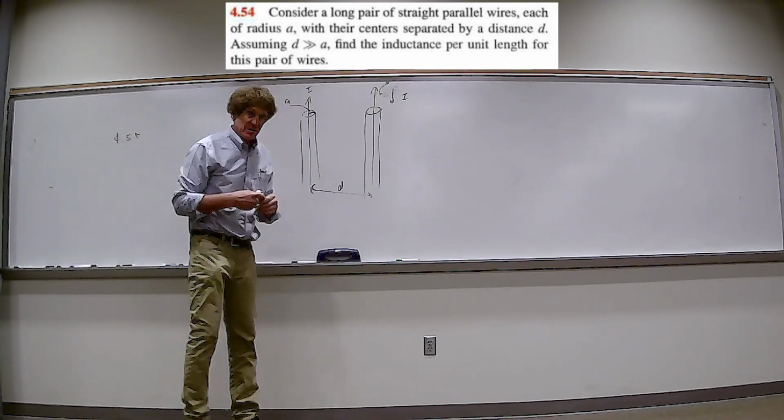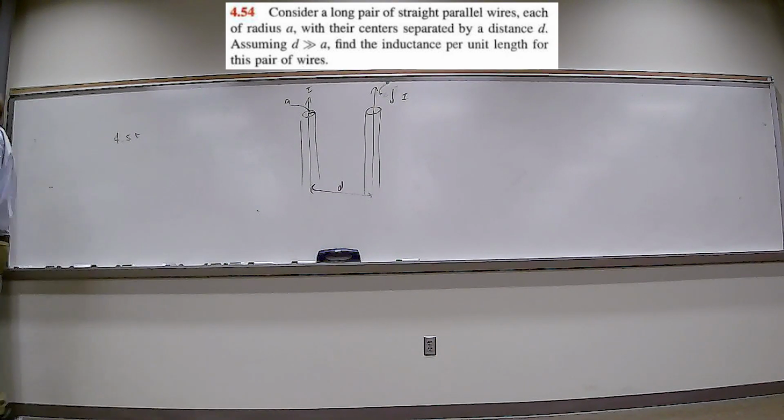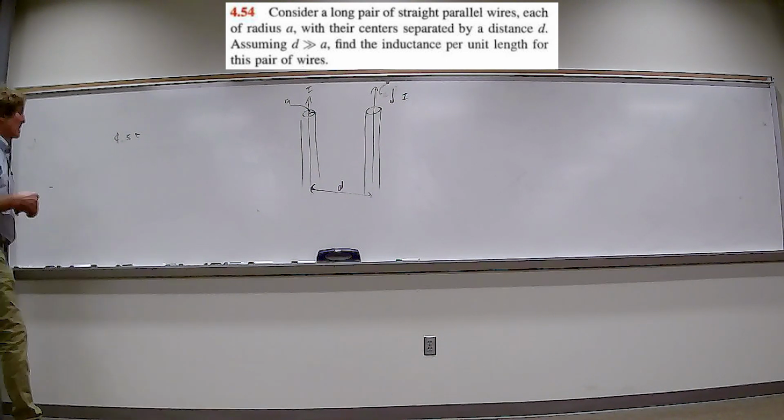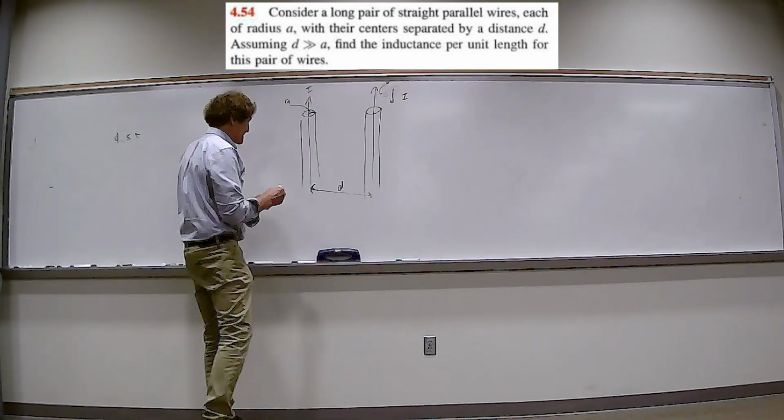No, so it's D. He's shaking his head. I better take a look. These are the kind of problems. If you told me the radius is A and center to center is D, that means, oh, he does it from 0. He's saying that the left one is centered at 0, on the z-axis. But is this at 0 right here?